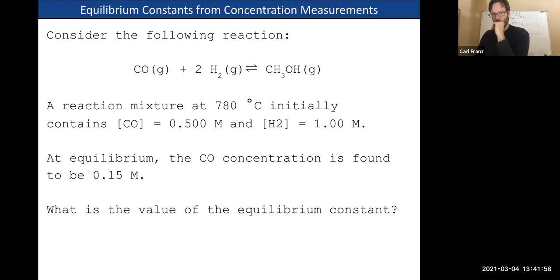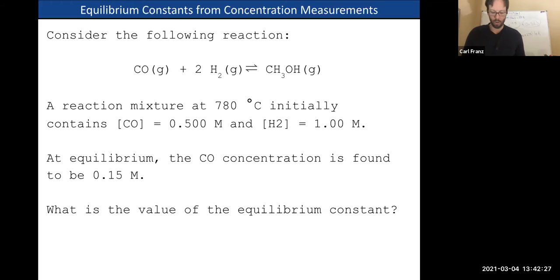And we know that the reaction mixture is at 780 degrees and contains a couple concentrations. They give us the concentration of carbon monoxide at 0.5 molar and hydrogen gas at 1 molar. And then it says at equilibrium, the concentration of carbon monoxide is 0.15. What is the equilibrium constant?